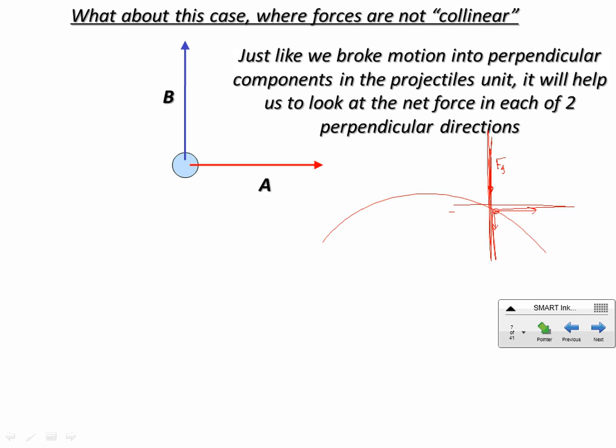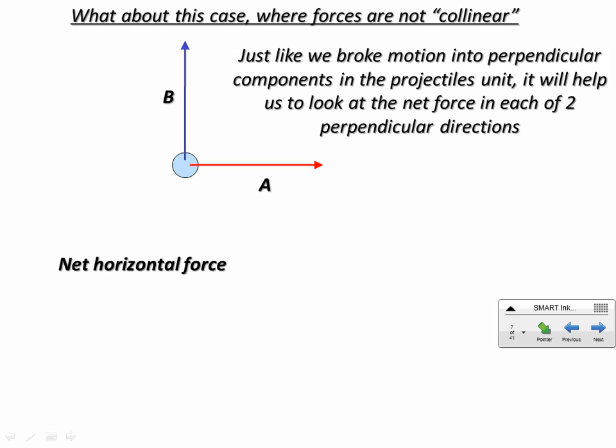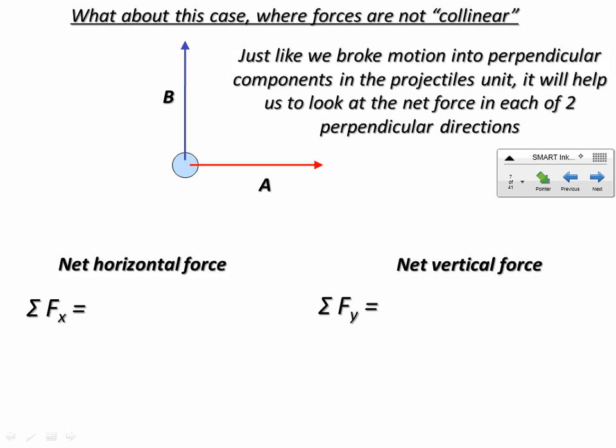And let's talk about this direction because gravity has no effect whatsoever on that direction because they're perpendicular. We're going to do the same sort of thing in this unit and look at the net force in the horizontal direction and the net force in the vertical direction.